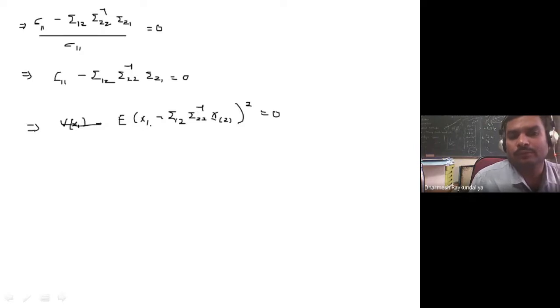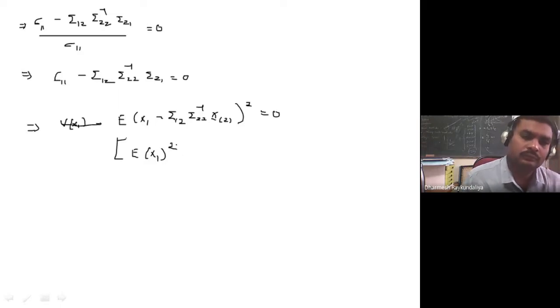Because we know that expectation of x1 is 0 and expectation of x2 is 0, what is this quantity actually? It is the expectation of x1 square, then what is that?